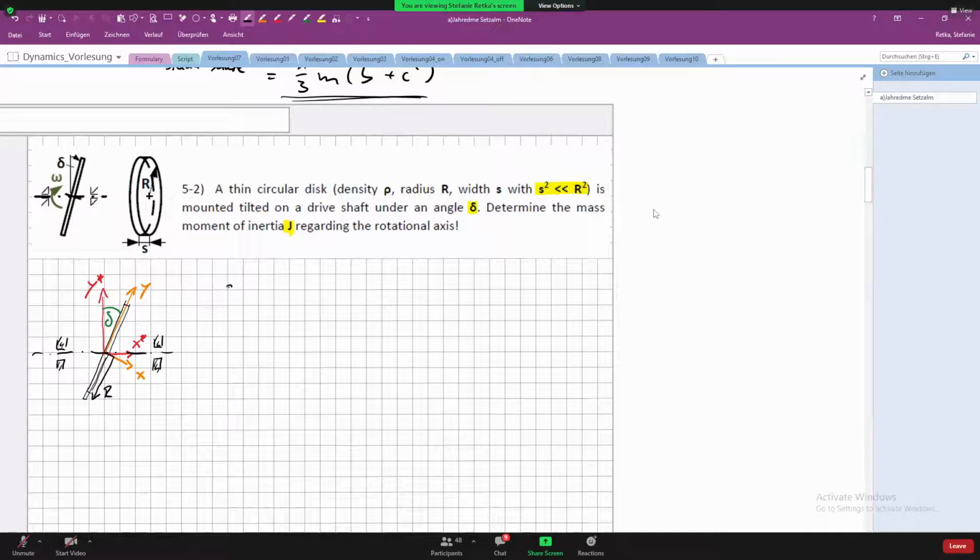So again, we use the formula for the hollow cylinder with r equals 0 and L equals s. Then Jx is equal to 1/2 m r squared, and Jy is equal to 1/4 m r squared plus 1/3 m s squared.